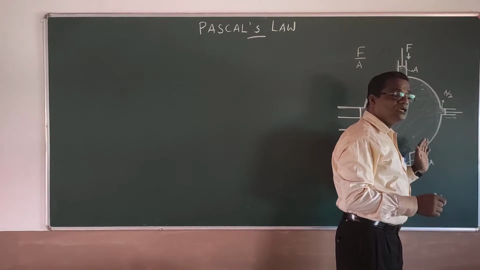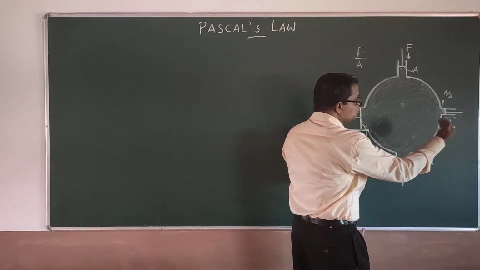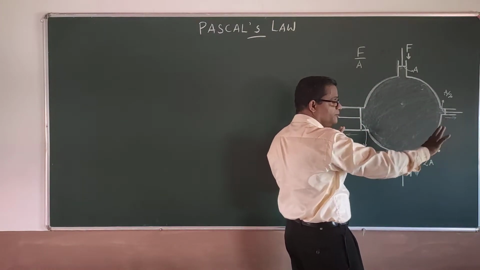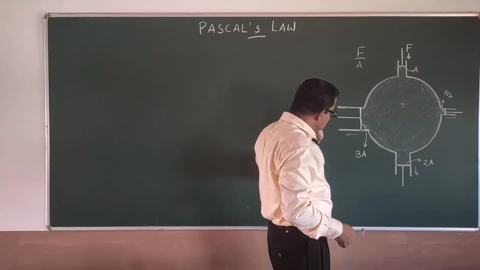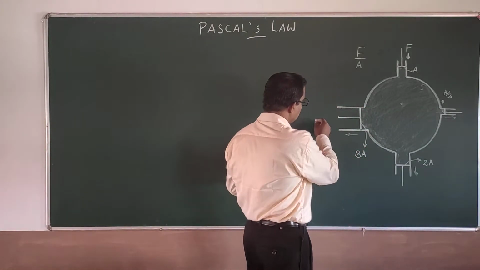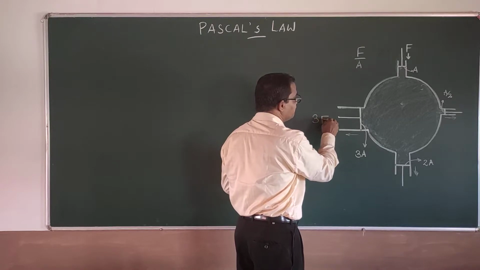Now, if I want to make these pistons go back to the same point as they moved outward, to move this piston to its initial position, I have to apply a force of 3F.